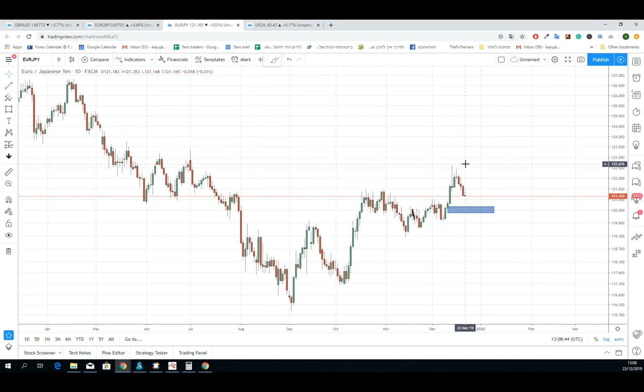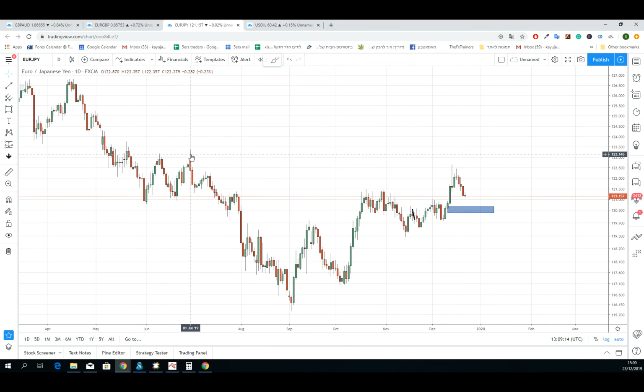We can see that the price already reached this level, which, if we go to the left, means this supply, or I would call it more resistance. Maybe in the past it was a fresh supply, but the price already checked this level twice. So this is where the price stopped.